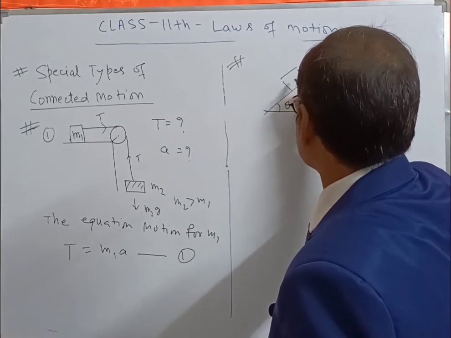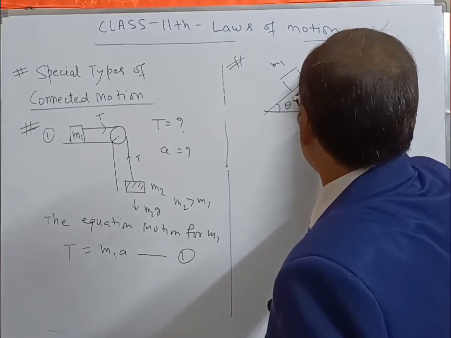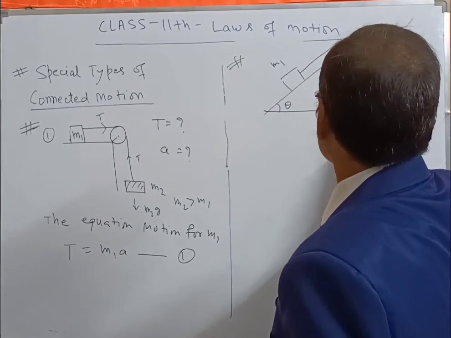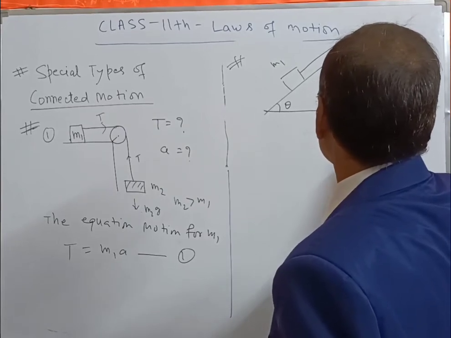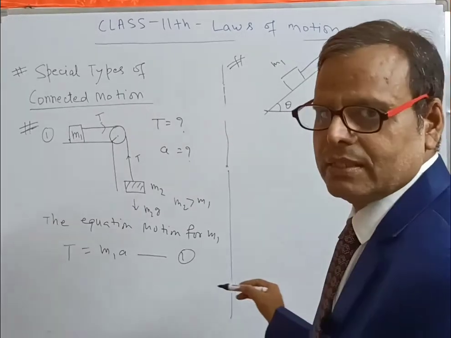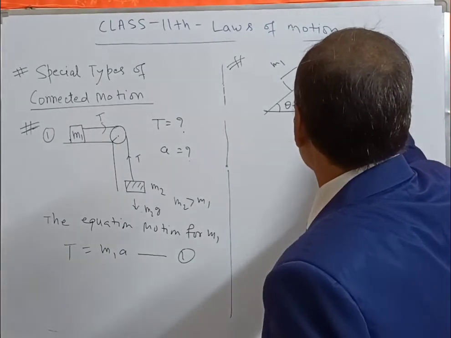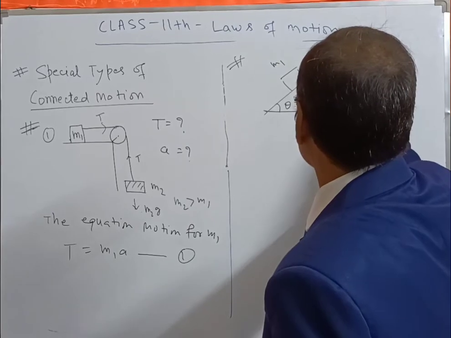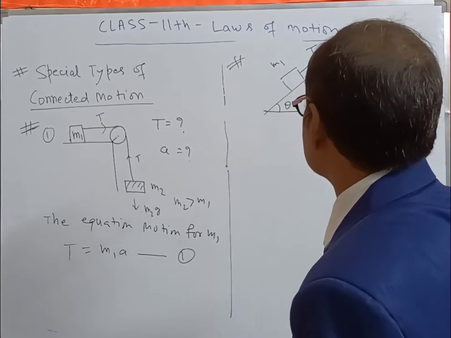A mass M1 is here, and another mass M2 is here. M2G is the weight pulling the mass M2, and the tension will act along this direction.